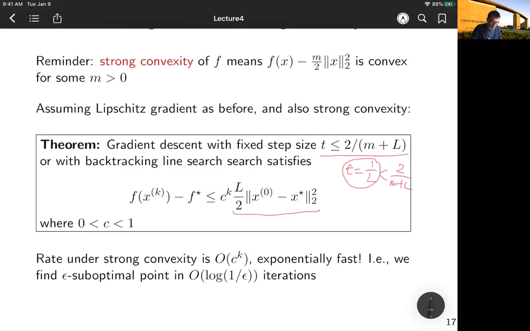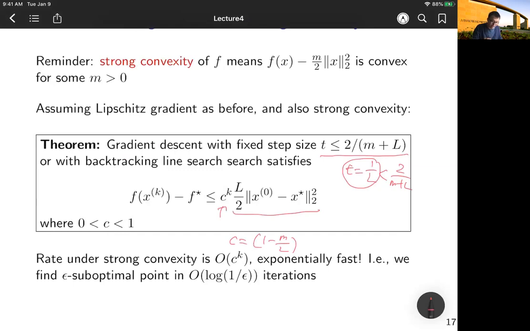So this is a constant times c to the power of k, where c is something between 0 and 1. What we'll see today is that we can take c to be equal to 1 minus m over L. Right, so in this case, with k iterations, it goes to 0 exponentially, rather than going to 0 at a rate of, say, 1/k, which is polynomial.